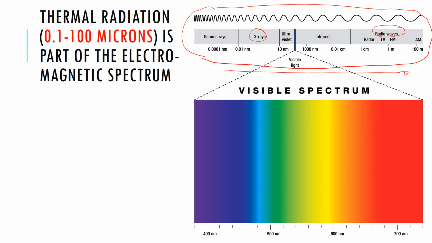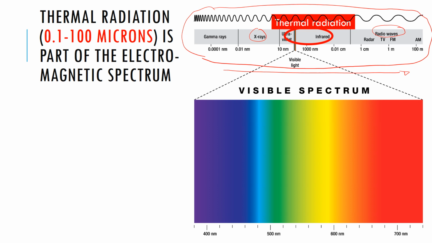Our interest is in the range from somewhere in ultraviolet to much of the infrared. This range is referred to as thermal radiation. This is our interest. So thermal radiation is around 0.1 to 100 micron. These are written in nanometers here.